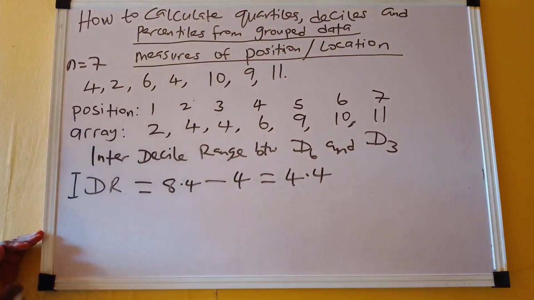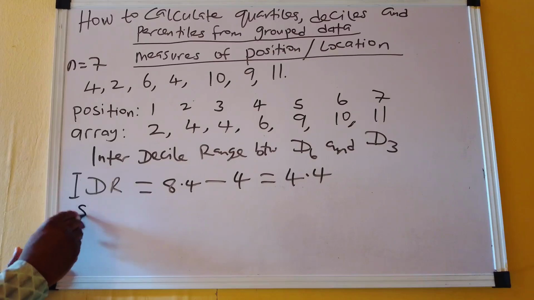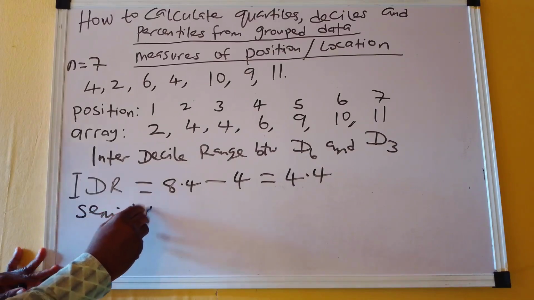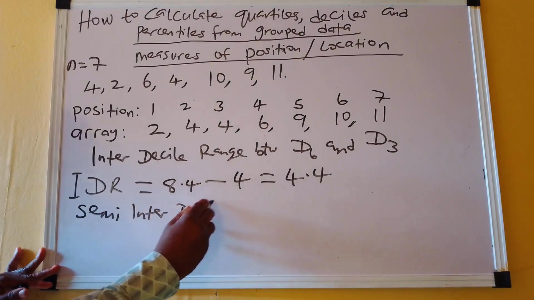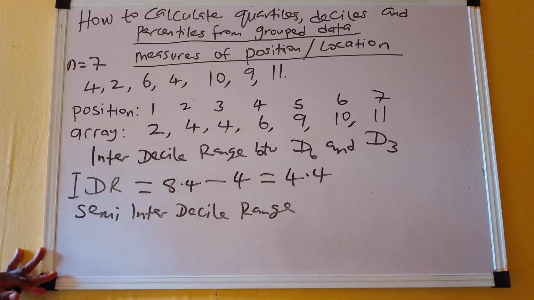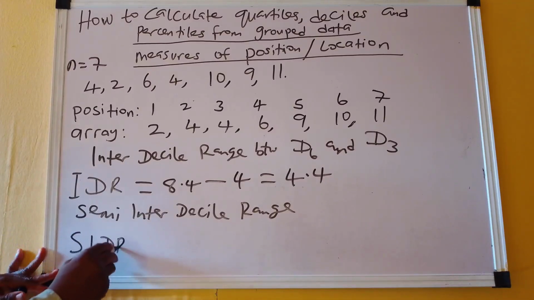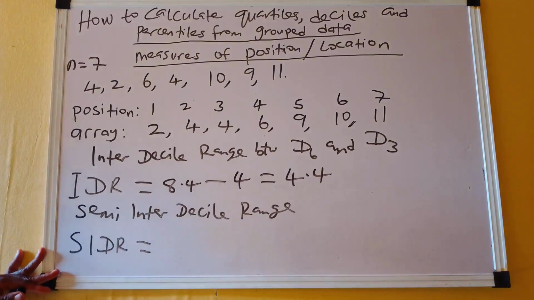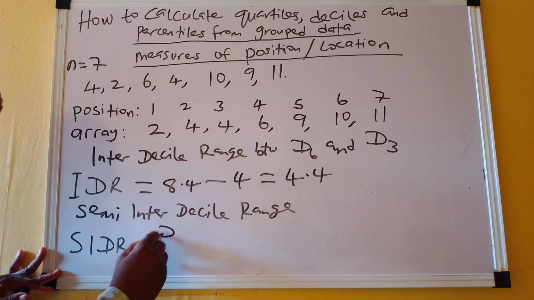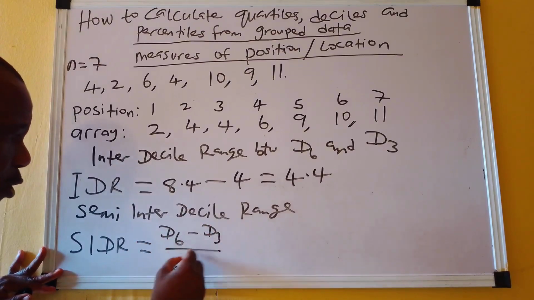Then we can also have our semi-interdecile range. The semi-interdecile range between two deciles, between D6 and D3, will be D6 minus D3 all over 2.